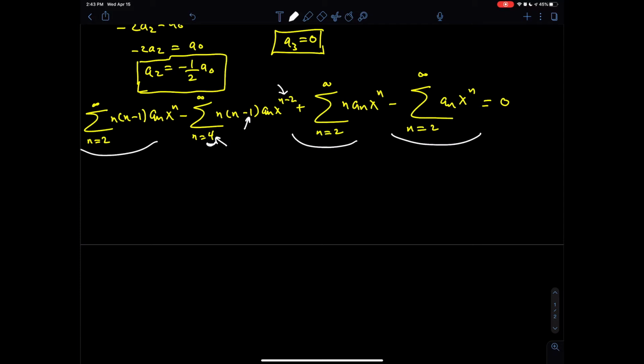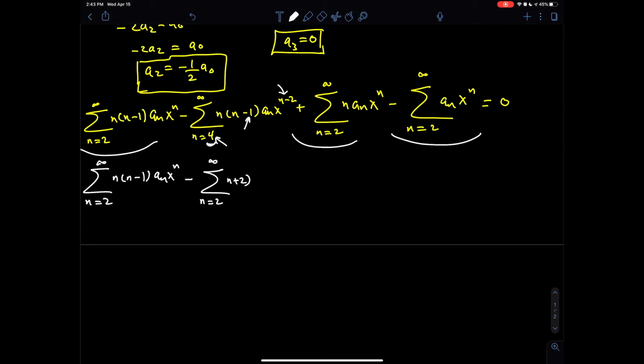So I'll write it again: the sum of n minus 1 an x to the n from n equals 2 to infinity, minus the sum from n equals 2 to infinity. So I lower the index by 2, I increase the argument by 2.